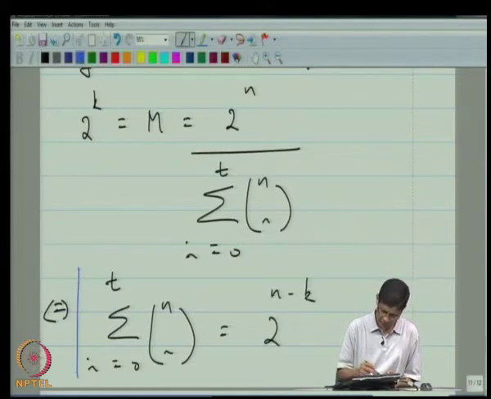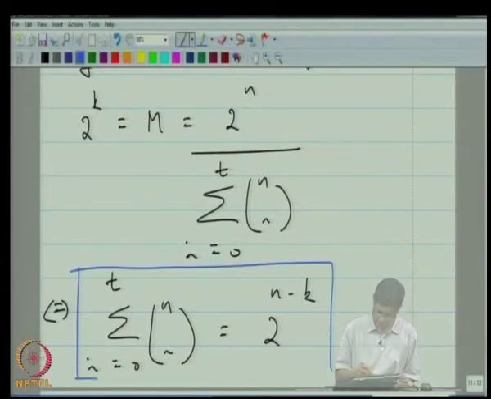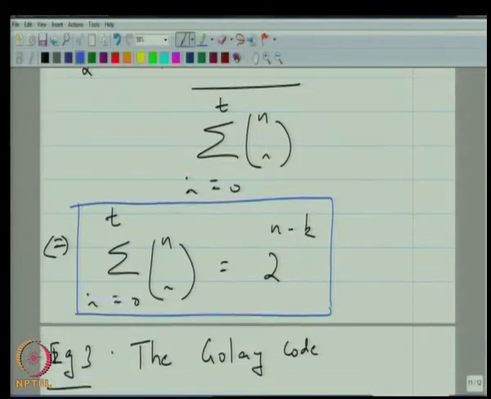This is what I was telling you about earlier: his observation was that if you took the sum of the first few binomial coefficients, you must end up with a power of 2, and these are precisely the binomial coefficients in question. Let us call this equation 1.